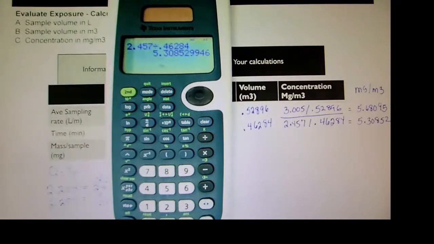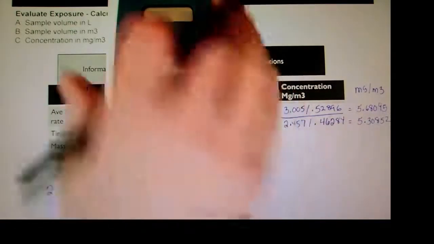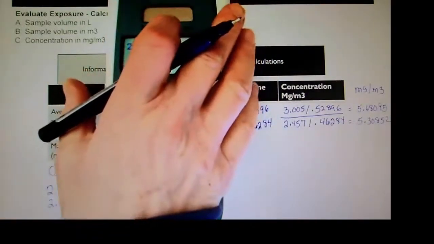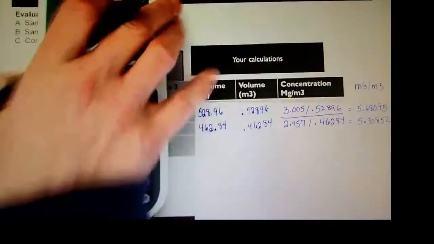So to time weight them, it is the sum of concentration times time over the sum of time.